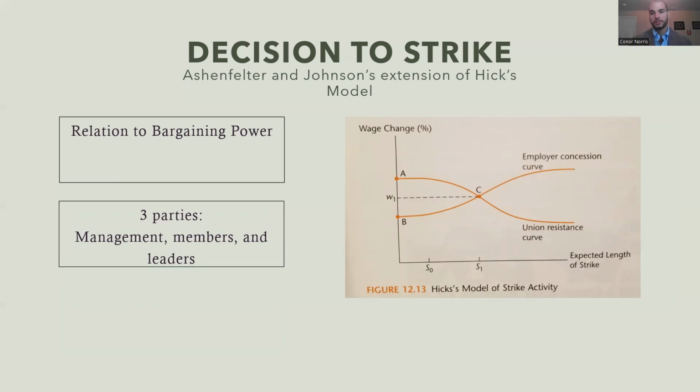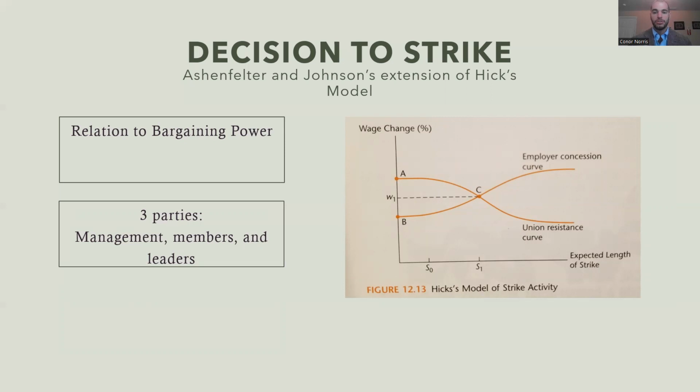If the members' wage expectations or their demands are too unrealistic, leaders have three options. They can try to convince them to lower their demands to be more realistic. They could sign a collective bargaining agreement that is lower than the members want, or they could call a strike. Trying to convince them to lower their demands or to sign a collective bargaining agreement that the members don't want is going to be career suicide for union leaders.